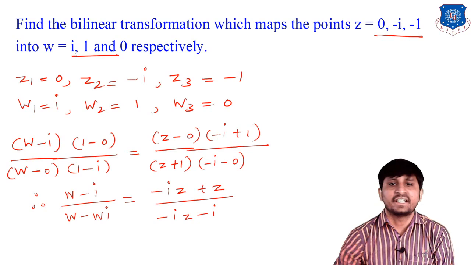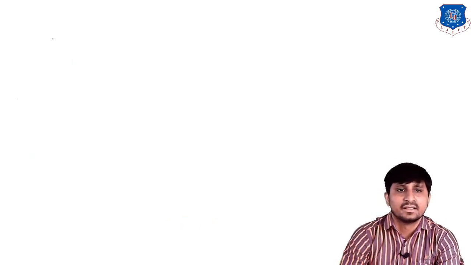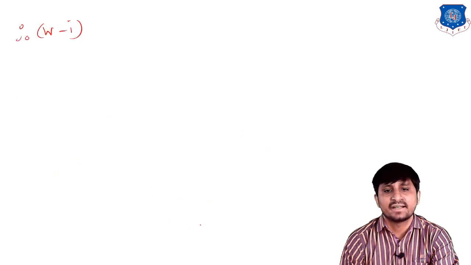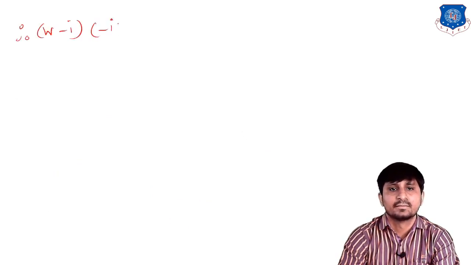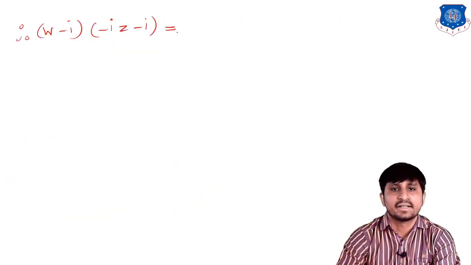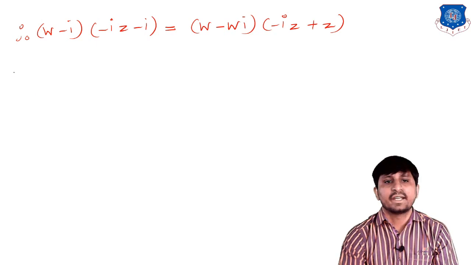Now cross multiplication: (w minus i) multiplied with (minus iz minus i) is equal to (w minus wi) into (minus iz plus z).